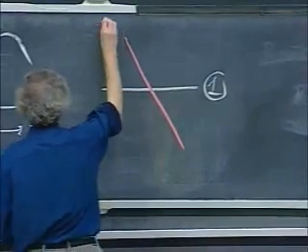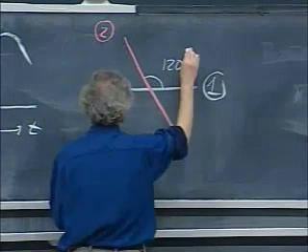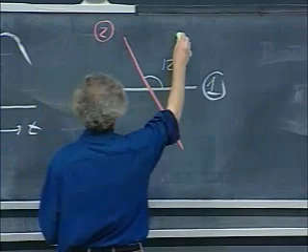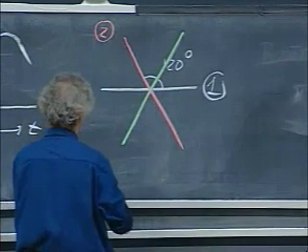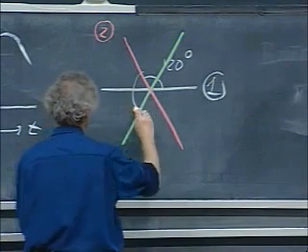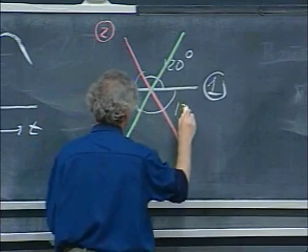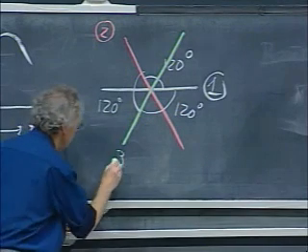Loop number 2, physically 120 degrees rotated. Then I have a third one, which is again 120 degrees rotated. And so this angle here is also 120 degrees, and this is my loop number 3.